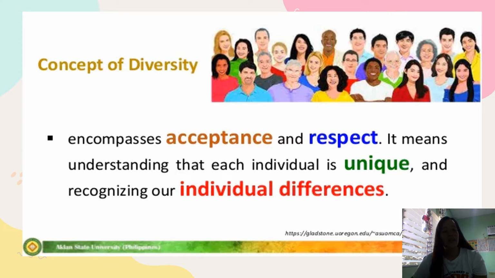So the concept of diversity encompasses acceptance and respect. It means understanding that each individual is unique and recognizing our individual differences.